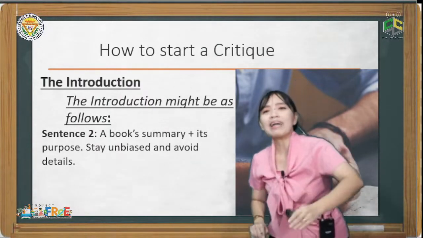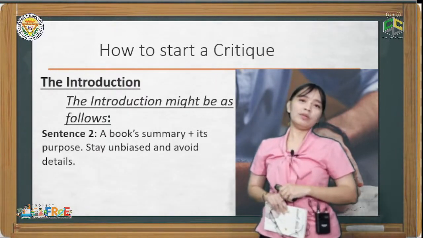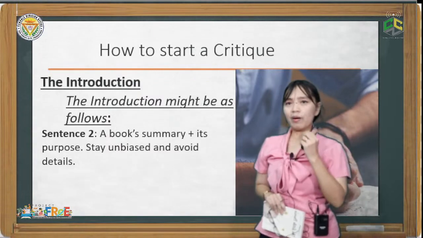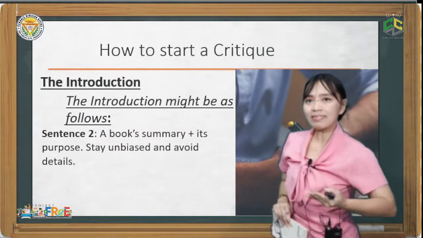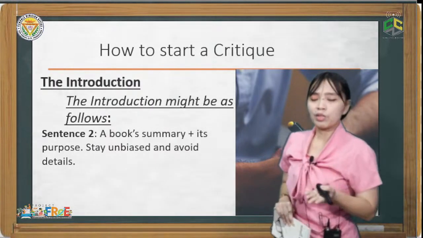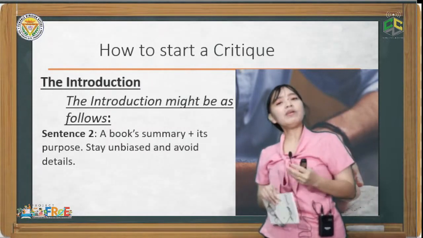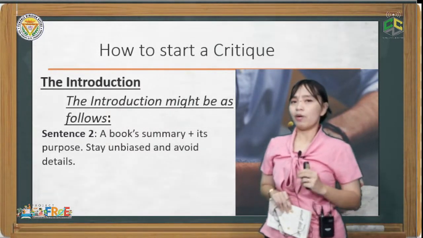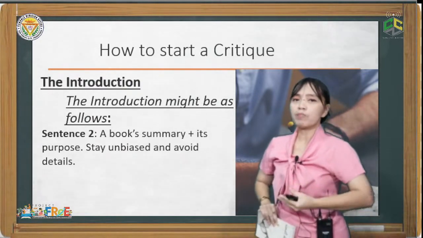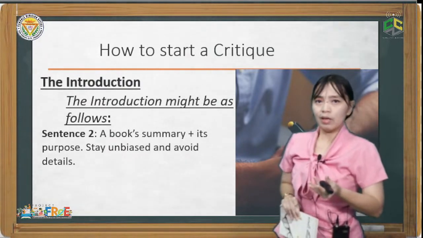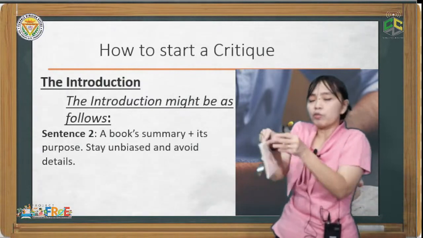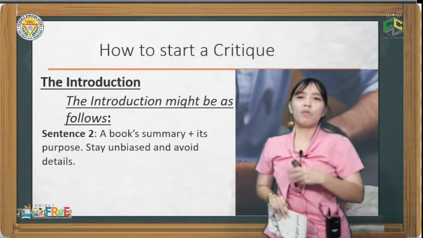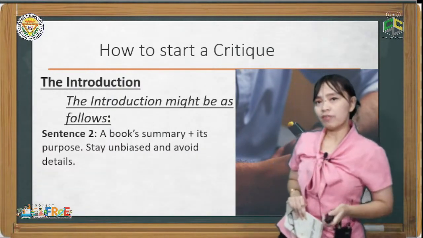And going back again to what I have told you, it is very important that you stay unbiased and avoid details coming from your own. Although it's a fusion of facts and opinion, I'd like to reiterate that you have to be balanced, you have to be impersonal. There should be a sense of balance between facts and opinion if you're going to come up with such kind of idea.